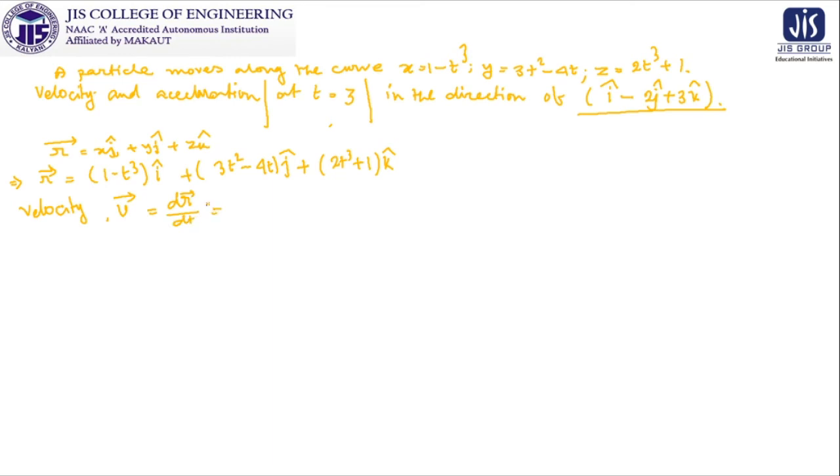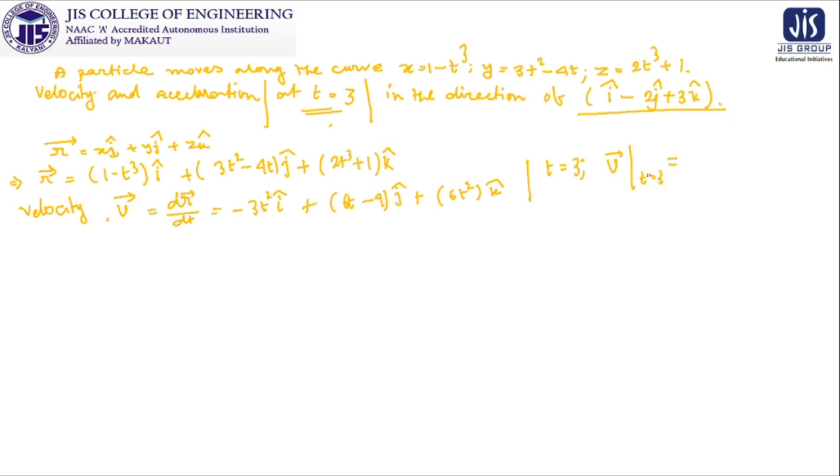So if we differentiate this with respect to t, we will get minus 3t square i plus (6t minus 4) j plus 6t square k.